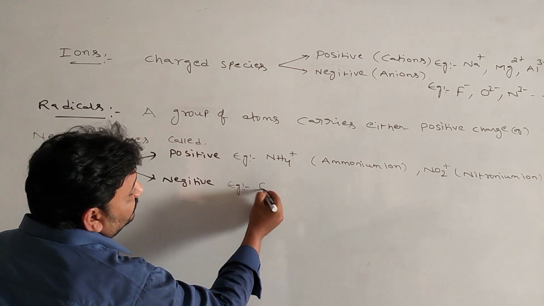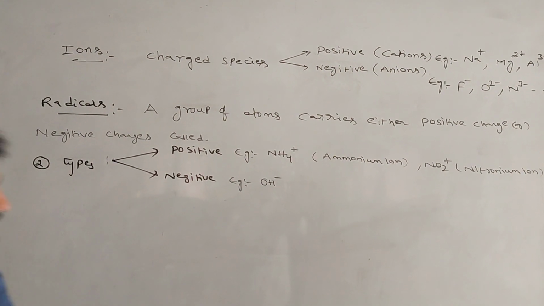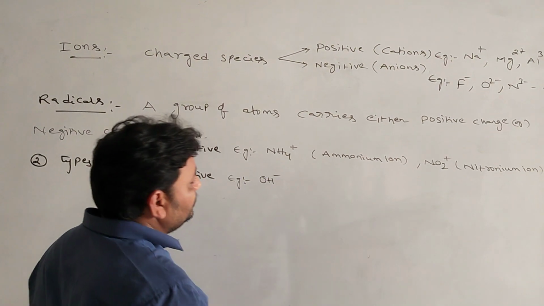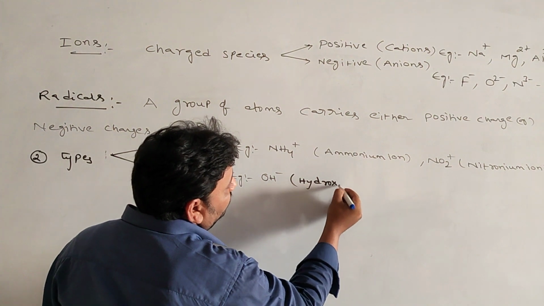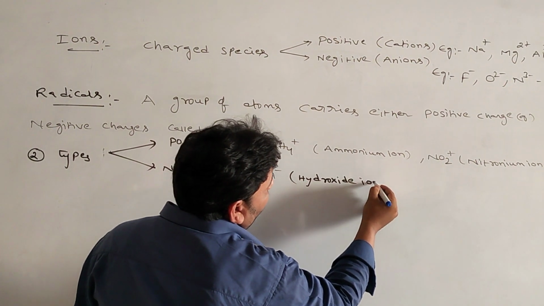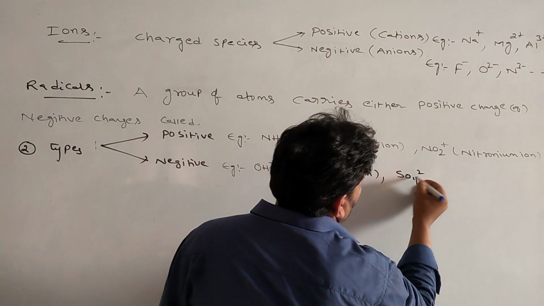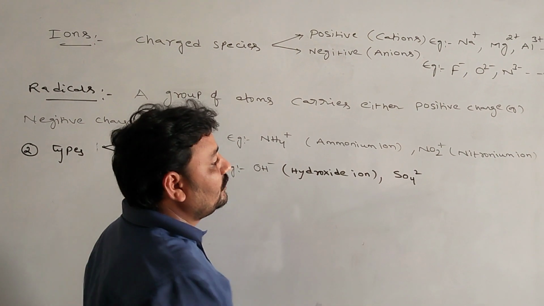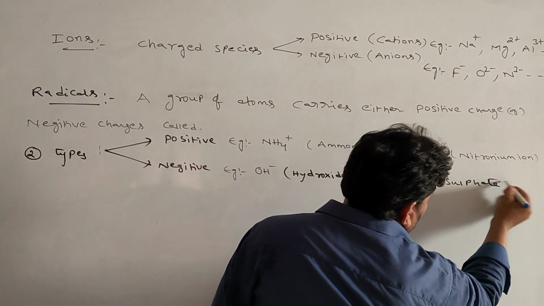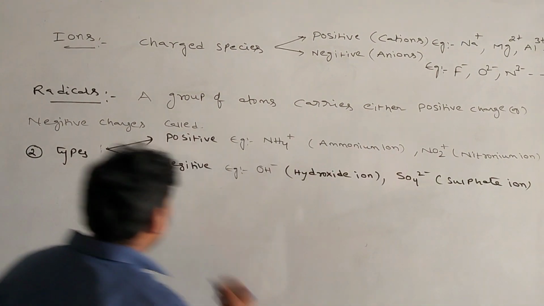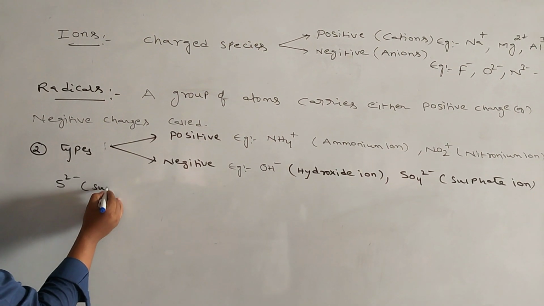Now negative radicals. There are many negative radicals. OH minus is the hydroxide ion. Another example, SO4 2 minus is the sulfate ion. S2 minus means sulfide ion.